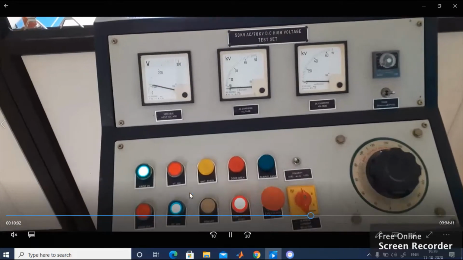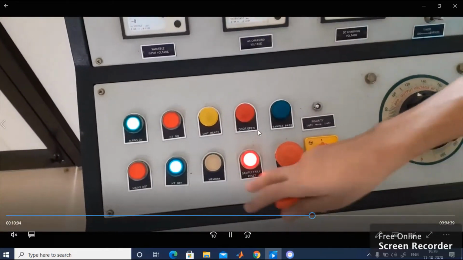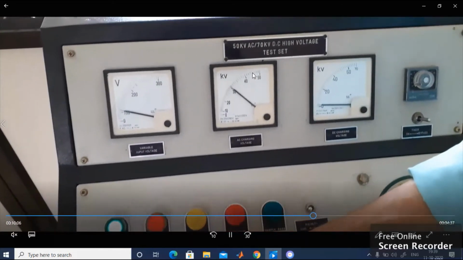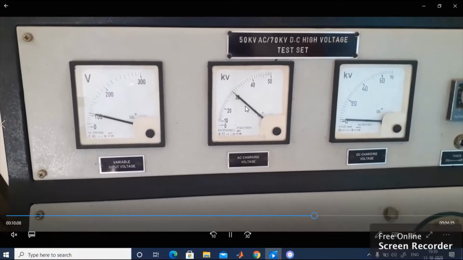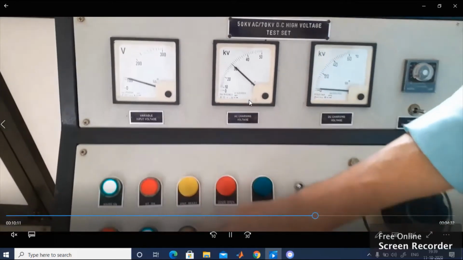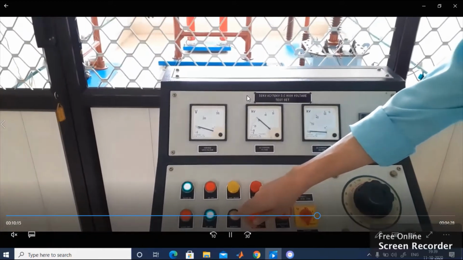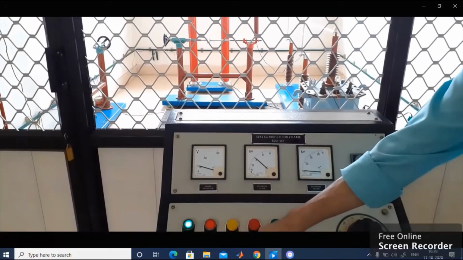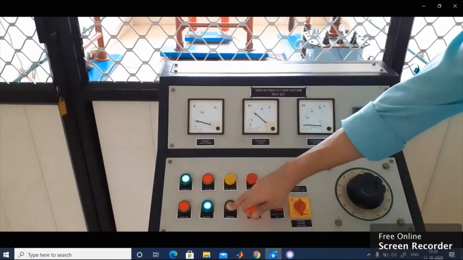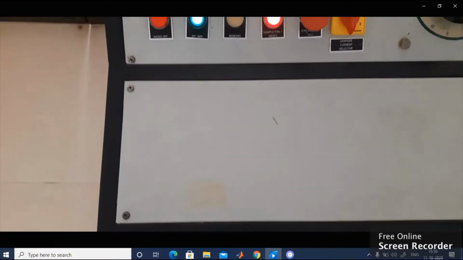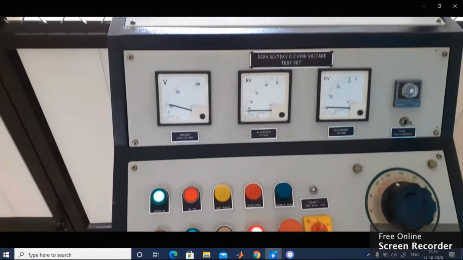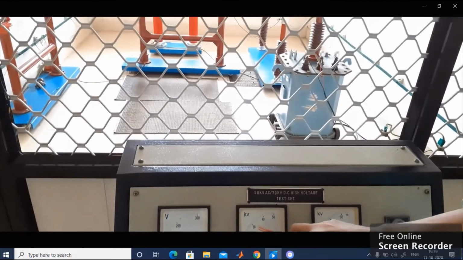Now by using the memory button, you can find out the instant at which the breakdown occurred. Here you can observe 30 kV. Whenever you maintain the gap between the two planes equal to 20 mm, the breakdown voltage is equal to 30 kV. Since we have the memory facility, there are no issues.